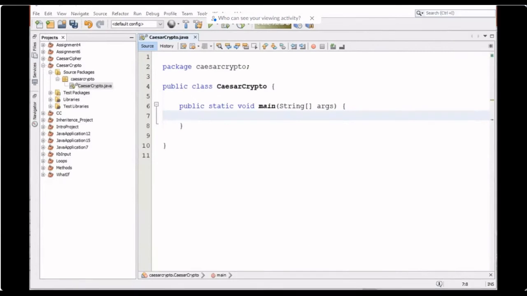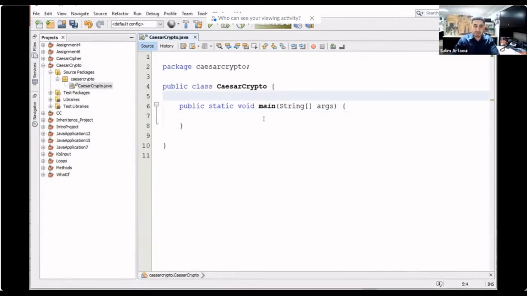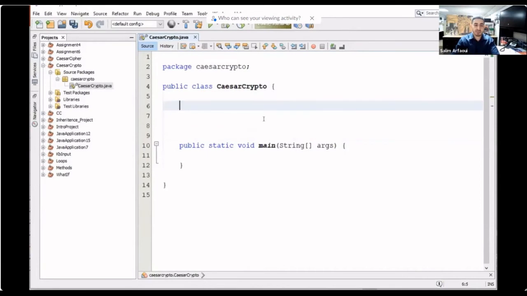Okay, so what is the process? This is a Caesar cipher. It does encryption and decryption, correct? That means we're going to need a method or a function that does the encryption and a method that does the decryption. So let's create the first method. We're going to need a public static void encoding method.